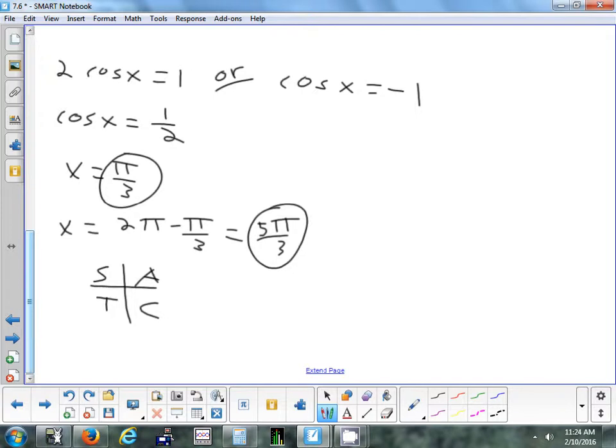Okay, second part, cosine x equals -1. Okay, where does that happen? Yeah, 0, 90, 180, 270, 360. So that one happens at pi.